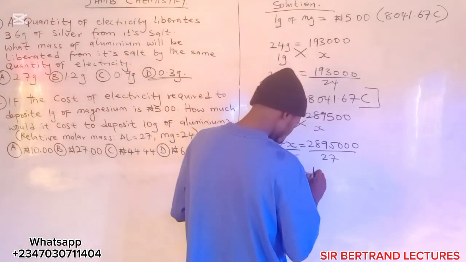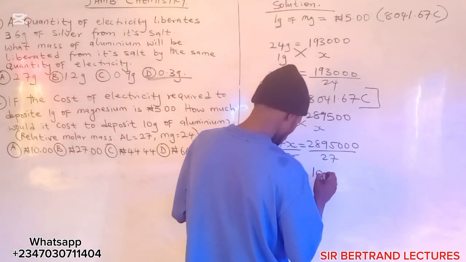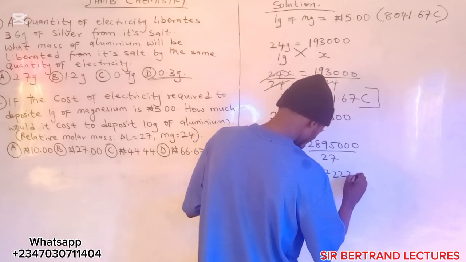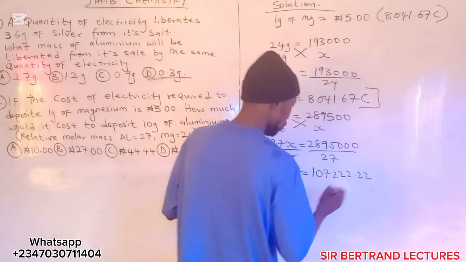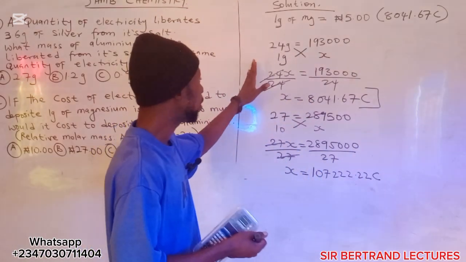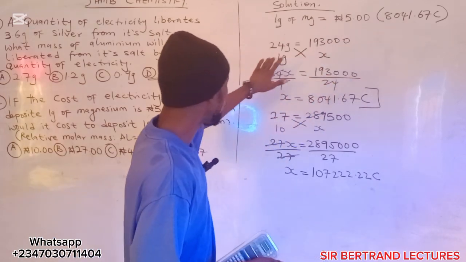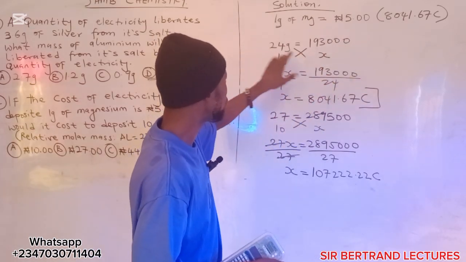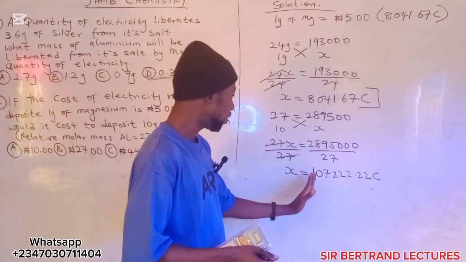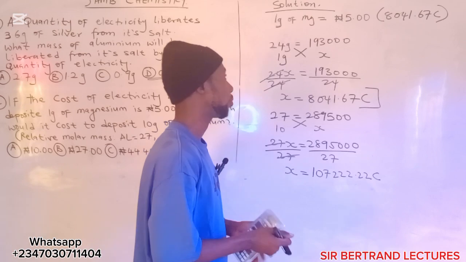That gives us 107,222.22 coulombs. So here the quantity of electricity that will liberate 1 gram of magnesium is this, and this is the quantity of electricity that will liberate 10 gram of aluminium.